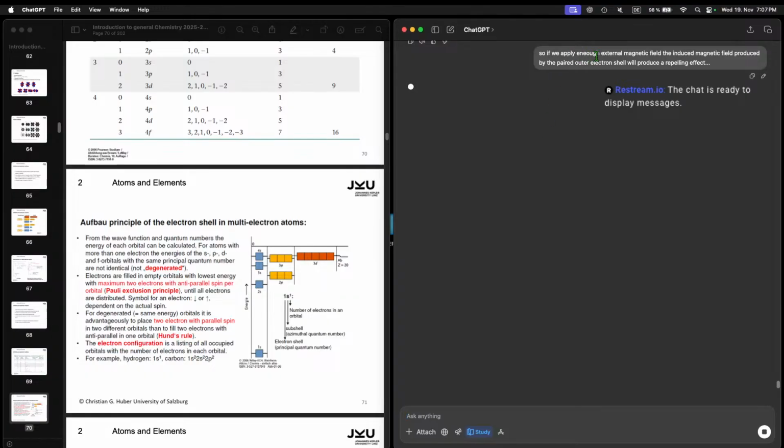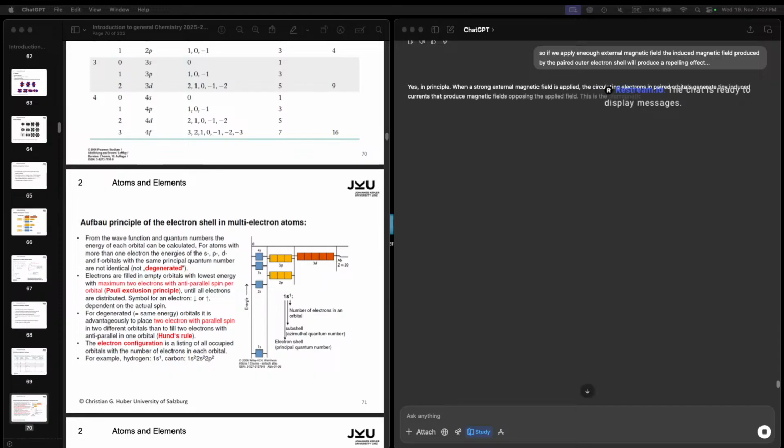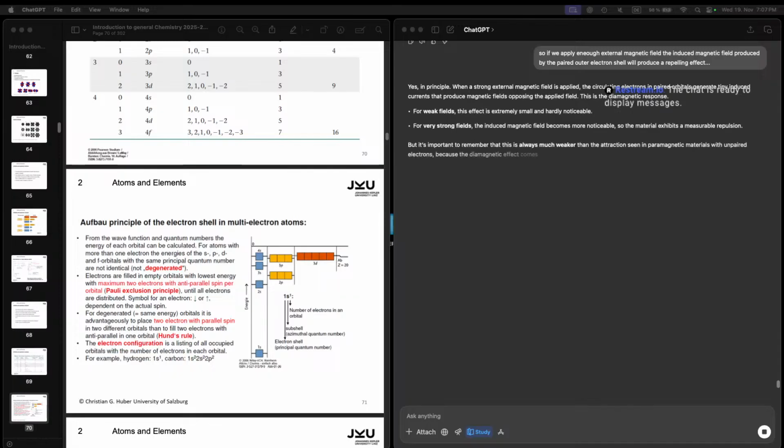Enough, enough. Wait. Yes, in principle, when a strong external magnetic field is applied. It's interesting.